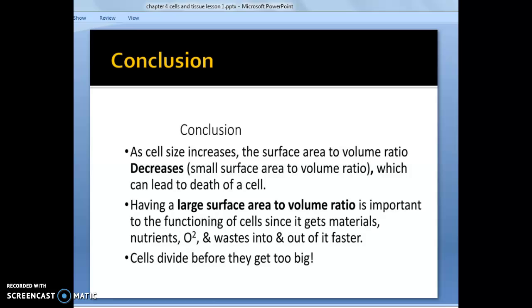Having a large surface area to volume ratio is important to the functioning of cells since it gets materials, nutrients, oxygen and waste into and out of the cell faster. So cells divide before they get too big, right? So smaller cells are going to support the survival of the cells.